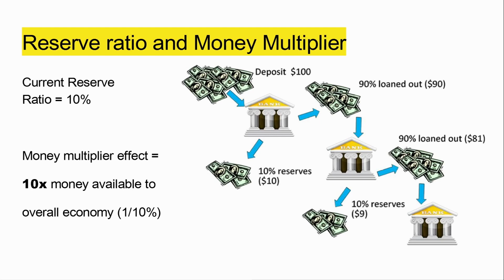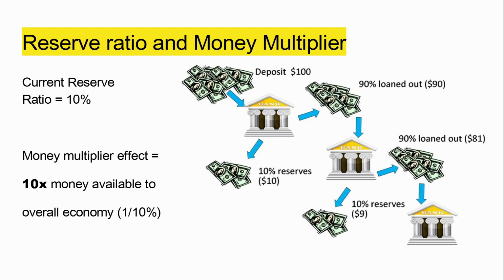When you think about this on the larger scale happening over and over again, you will see something called the money multiplier effect, where the amount of money that is available to an economy is directly related to how many times a bank is allowed to loan out that money again. The math works out like this.